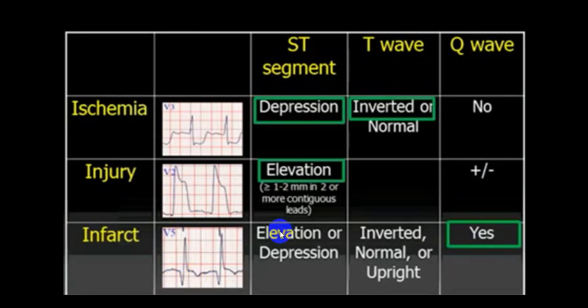So you will have ST elevation. In case of a non-STEMI, you will have ST depression, and the T wave may be inverted, normal or upright depending upon what stage it is. But Q wave will definitely be there in a case of STEMI, and Q wave will not be seen in a case of non-STEMI.